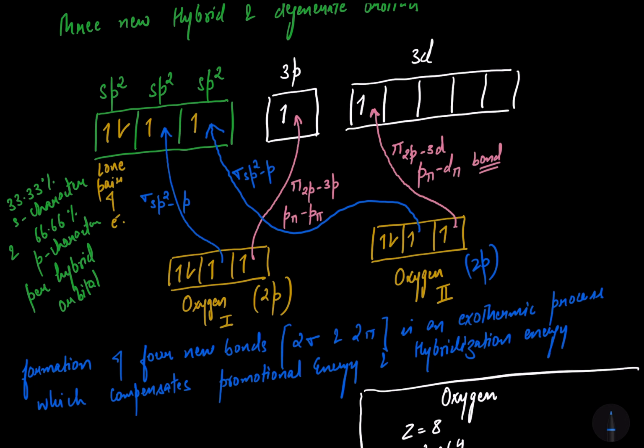So as these two energies, the promotional energy and the hybridization energy, are compensated by the energy released during the formation of 4 new bonds, the 2 sigma and 2 pi, the formation of sulfur dioxide molecule is feasible or practically possible.